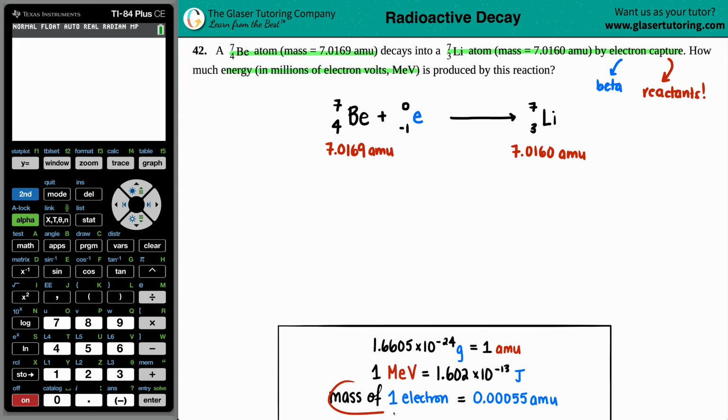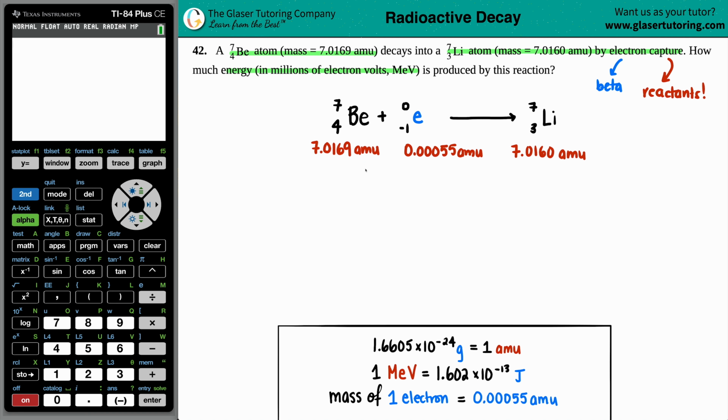So that's where your knowledge of a mass of a single electron comes into play. The constant value here is anytime that you're talking about an electron, the general mass is going to be 0.00055 AMUs. So let's write that out for this guy. It's a little bit negligible because it's really, really small, but still, we should use it for this equation.